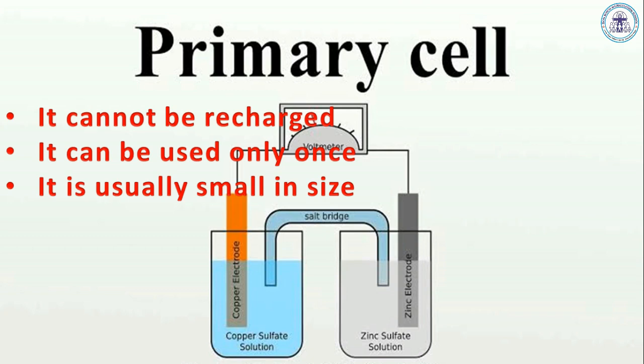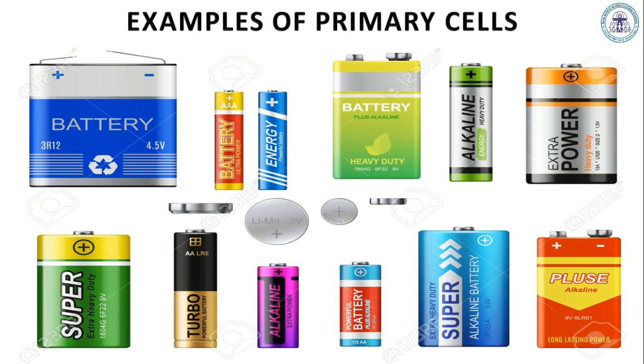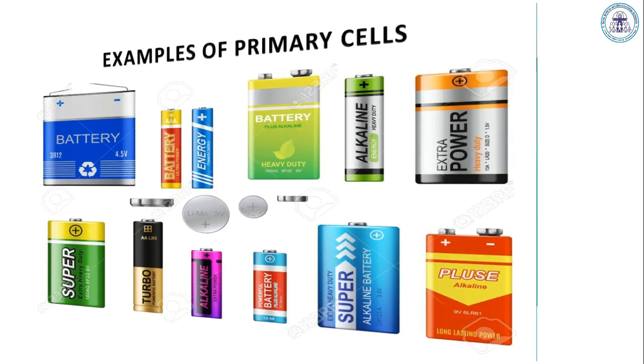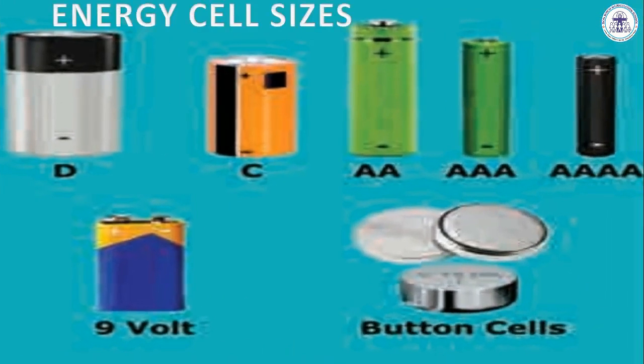The primary cells are usually produced in small sizes. Examples of their use are clocks, watches, toys, etc. In this picture, you can identify the different cell sizes.